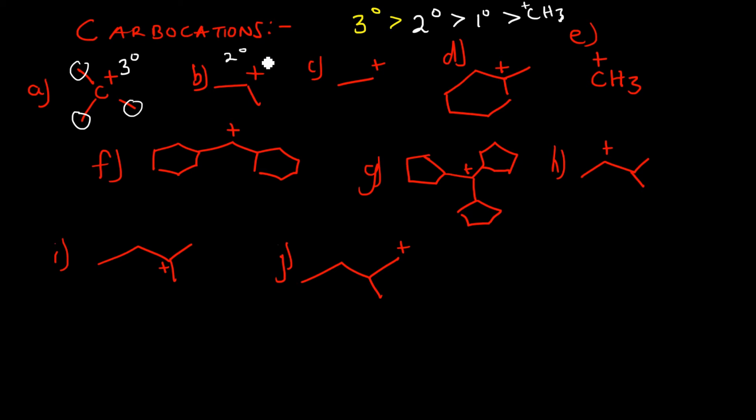Secondary. Agreed. C. Primary. Agreed. D. Tertiary. You have the 3 carbons. E. Methyl. Agreed. That's a methyl carbocation. F. Secondary. Agreed. G. Tertiary. Agreed. Again, I see 3 carbons bonded to C plus.